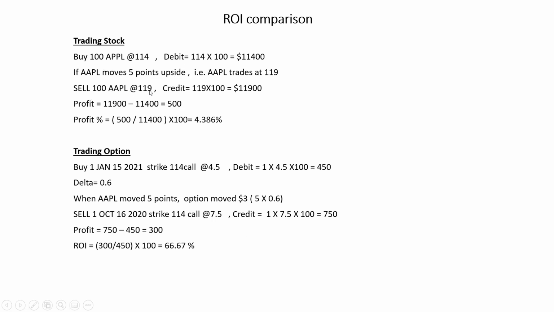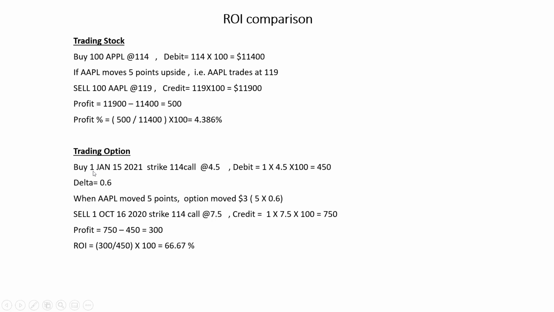Then you are selling Apple at 119 and getting 11,900. Basically you are making 500 profit. So the profit percentage is 4.386%, about 4.4%.